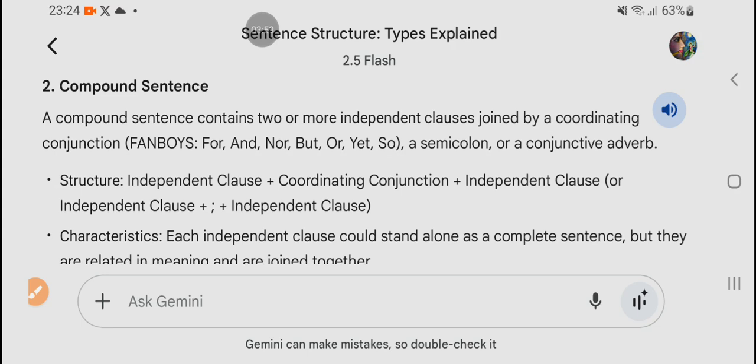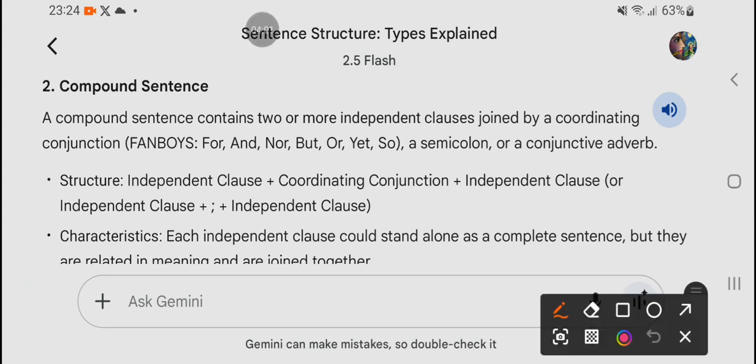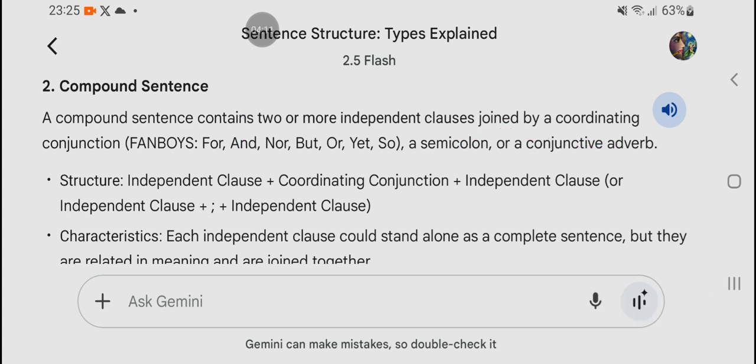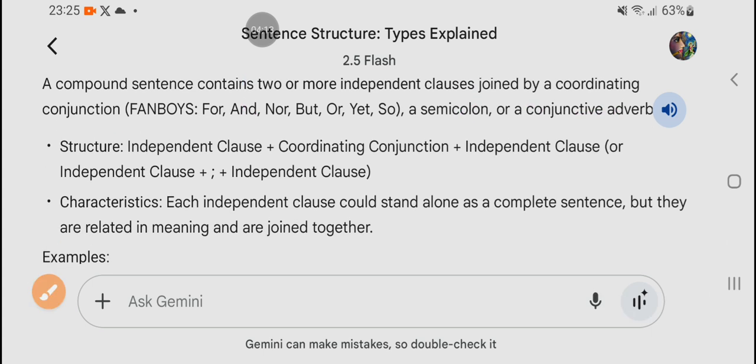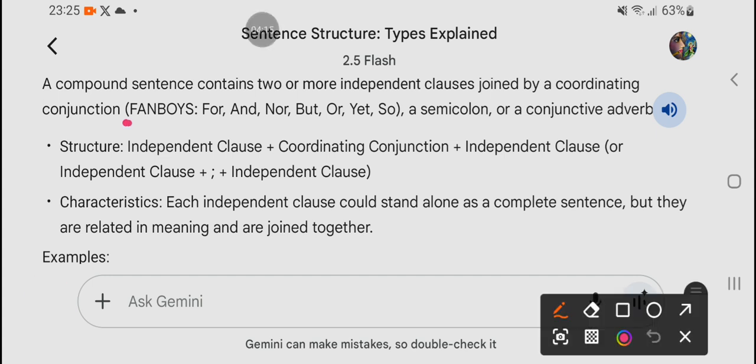Compound sentences. Compound sentences contain two or more independent clauses joined by a coordinating conjunction. Right? How? What is this? FANBOYS. Please remember this mnemonic.